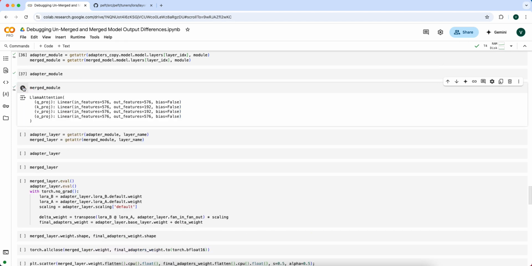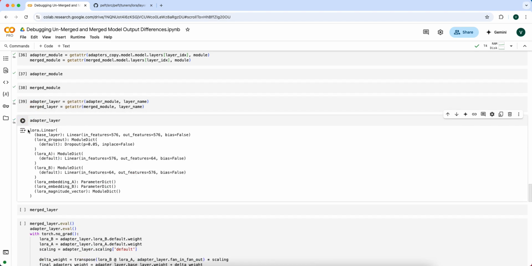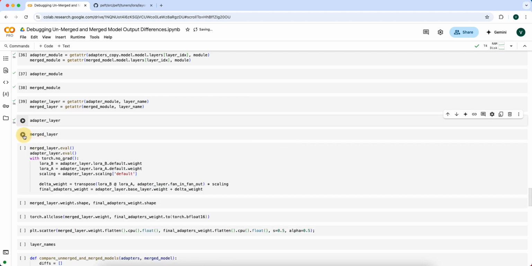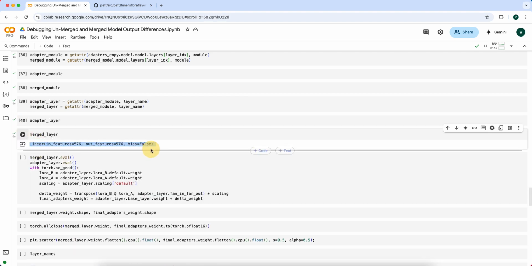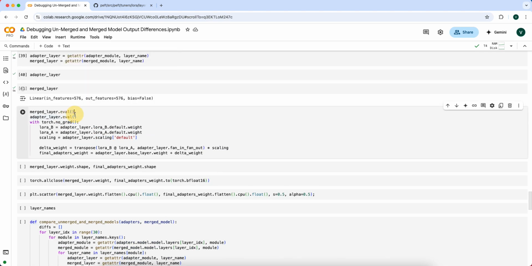If we look at merged module, we have all of our merged layers. Then I'm going to grab the layer itself. So this is a LoRA Linear layer for the adapter and a single linear layer for merged. And then same thing, set it to eval mode and get the outputs.